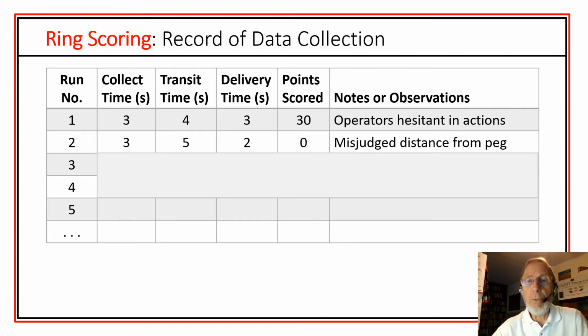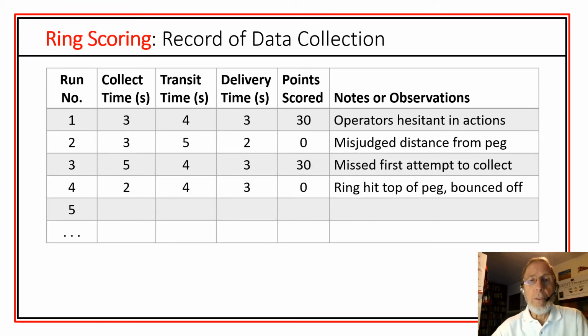Here the operators misjudged their distance from the peg when they attempted to score. So the other runs, we would have similar kinds of time recordings, scores, and notes. This would be important for many runs as we complete.